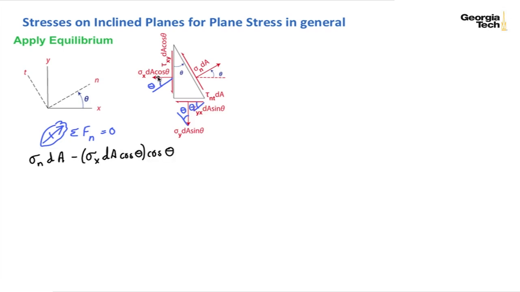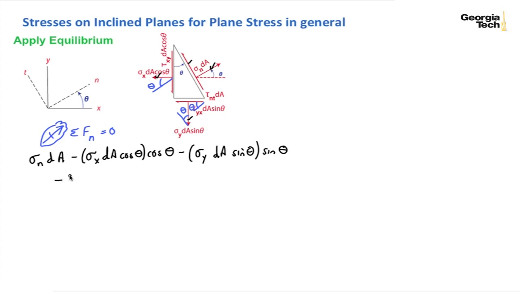So we've taken care of this force. This force has no effect. Now let's do the sigma y dA sine theta force, and it's the sine component in the negative normal direction. So we've got minus sigma sub y dA sine theta times the sine theta component. Now I've got the shear stress. It's going to be the sine component in the negative normal direction.